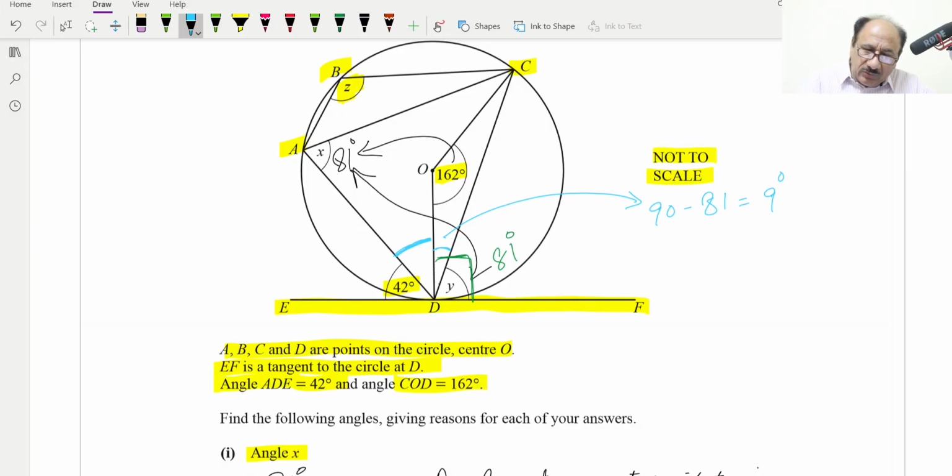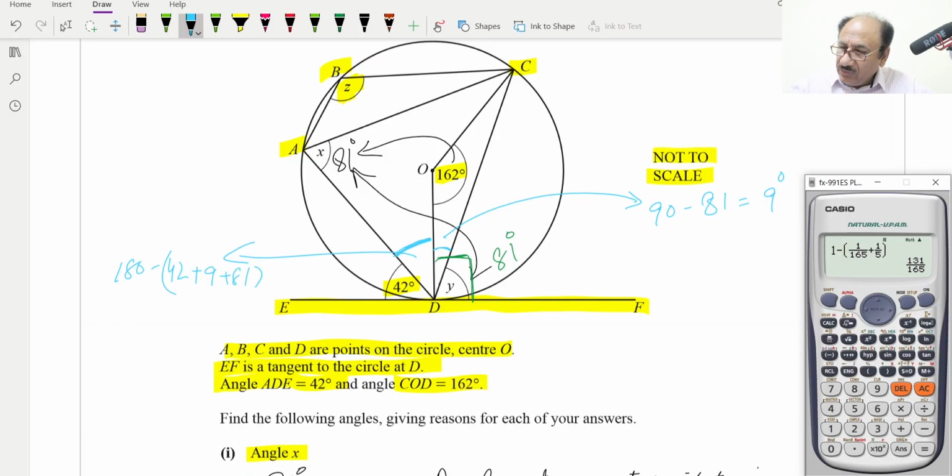So this will be 9 degrees, and now we can find this remaining angle. We can write over here 180 minus 42, and what other angles? 9 and 81. We subtract these three angles: 180 minus in brackets 42 plus 9 plus 81, and this will be equal to 48.